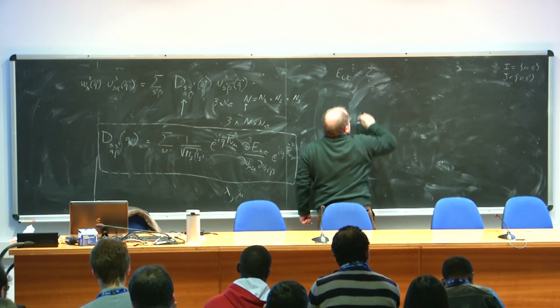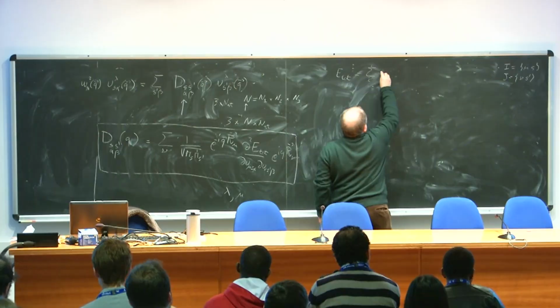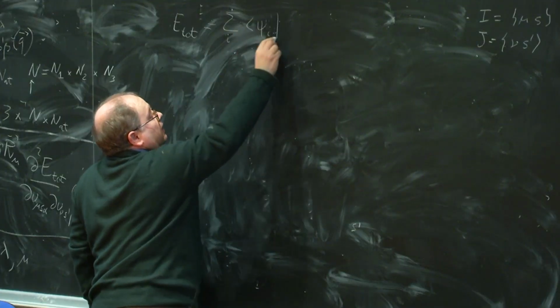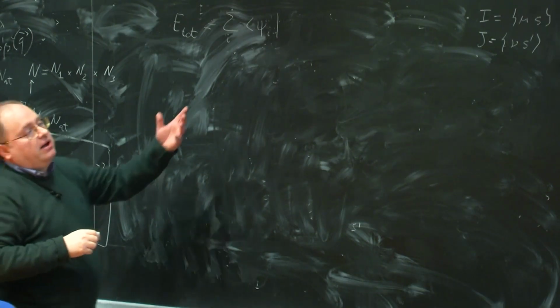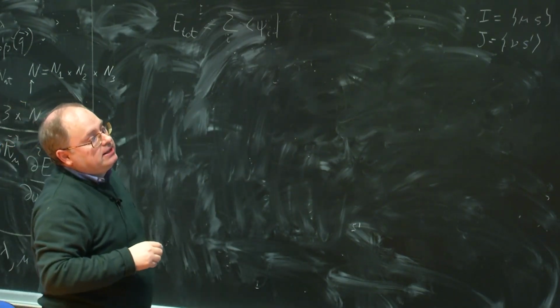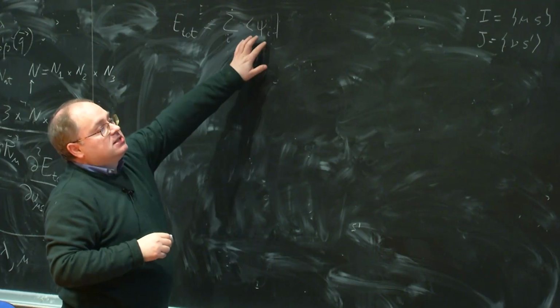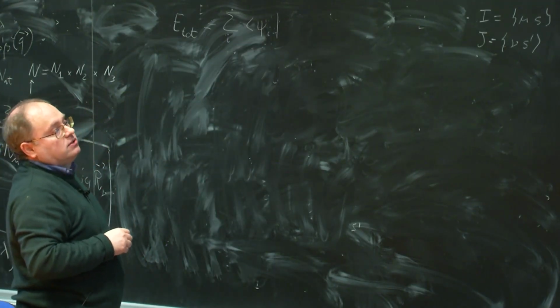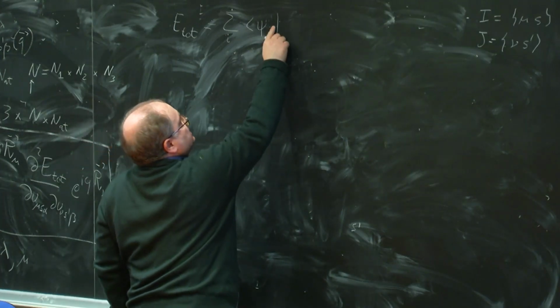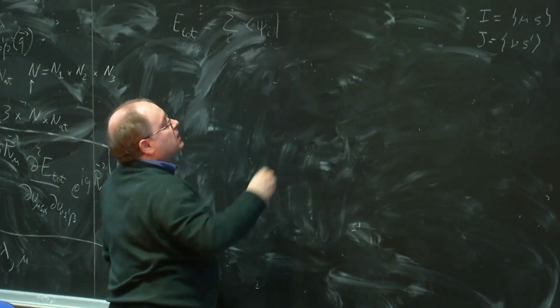So it has a kinetic energy term. We are in the Kohn-Sham picture, where we have the kinetic energy of the non-interacting electron gas. These phi are the one-electron wave functions. I think you have seen this already in the previous lectures.